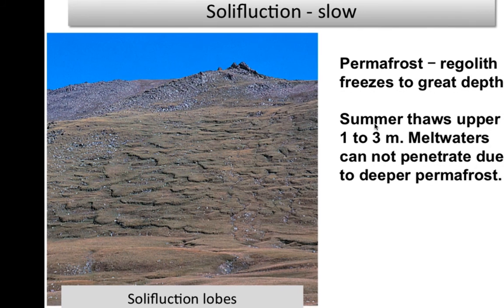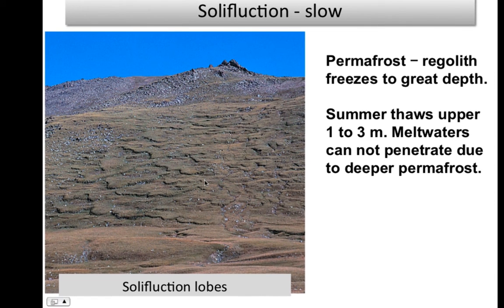Now, this idea of solifluction has to do with the spring, when there's a thawing. Remember, only the first 1 to 3 meters will thaw, but there's a permanent frozen layer beneath this, right? So the water that forms in this upper 1 to 3 meters has nowhere to go. It cannot penetrate or percolate into the groundwater.